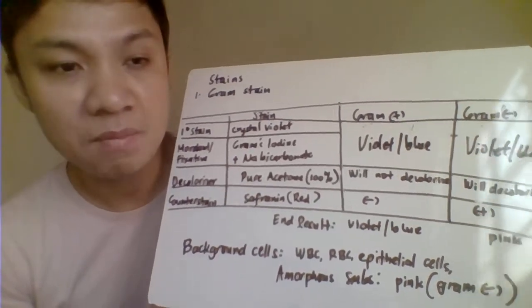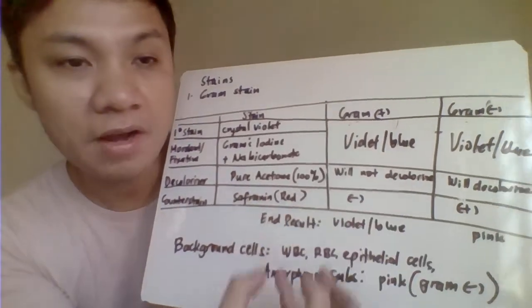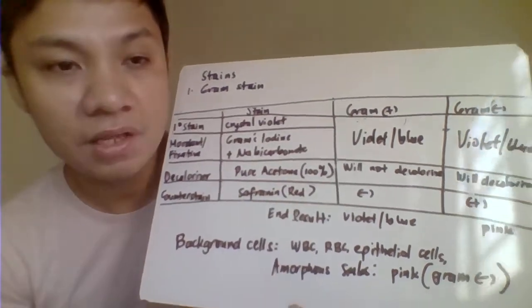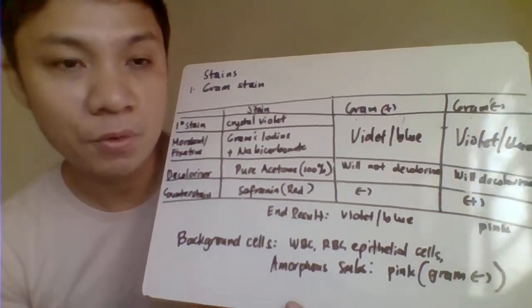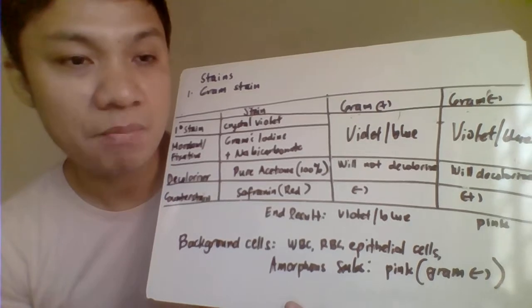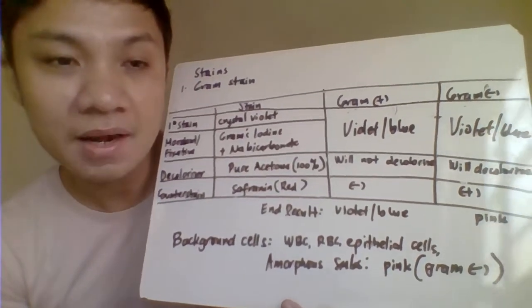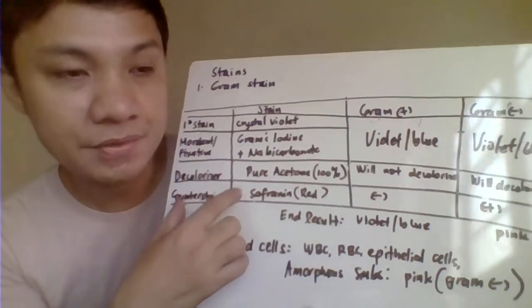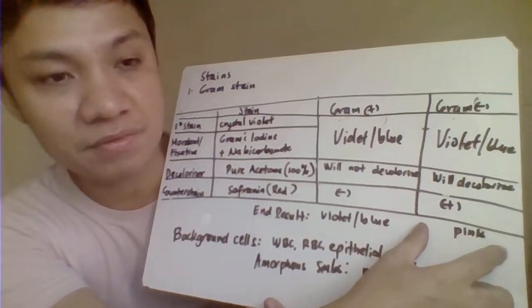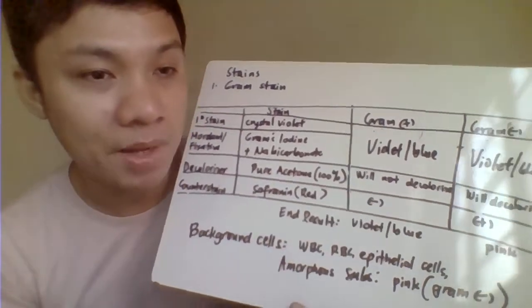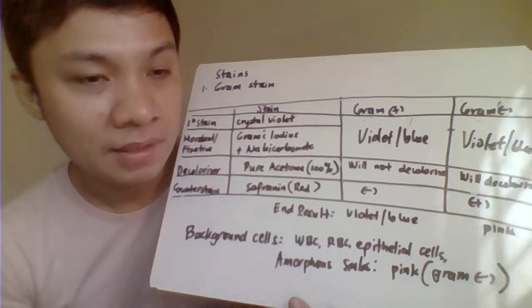How about your gram-negative? Remember, upon addition of your decolorizer, it becomes porous, allowing the escape of your primary stain. So when we apply the secondary stain, the counter stain, which is your safranin, the gram-negative cell wall is going to take it up, because there is no stain left inside.